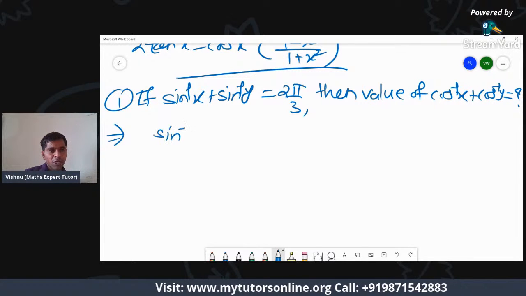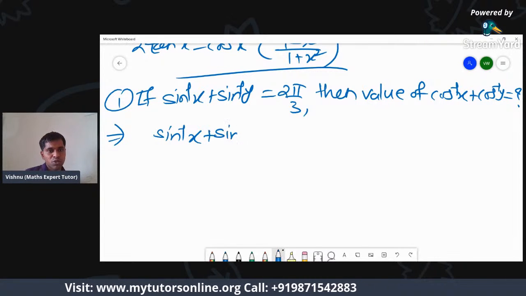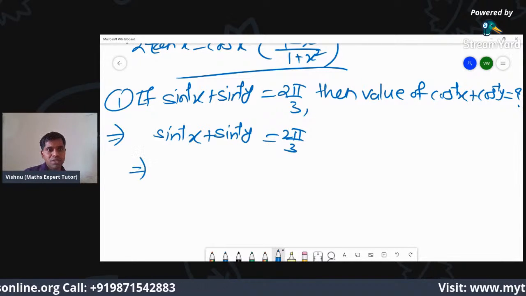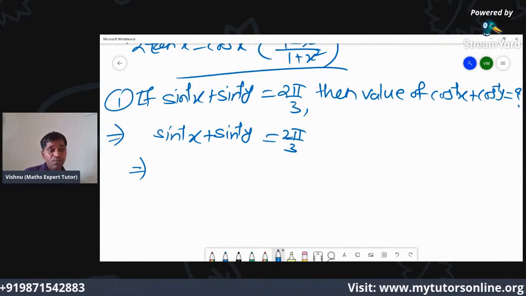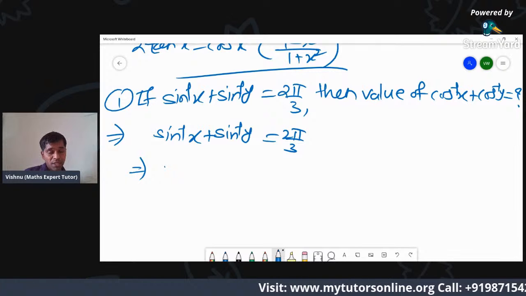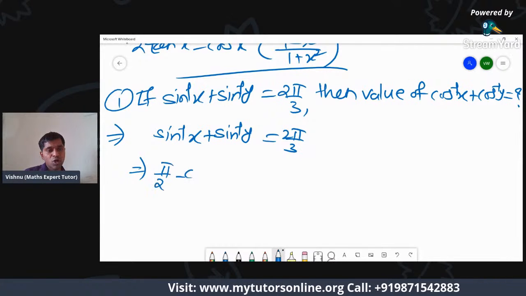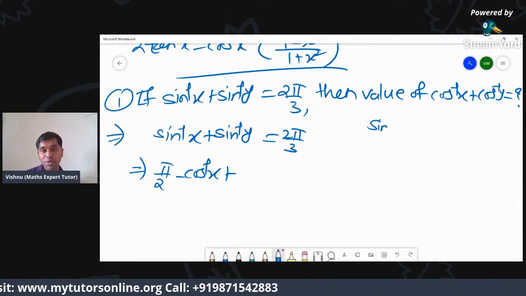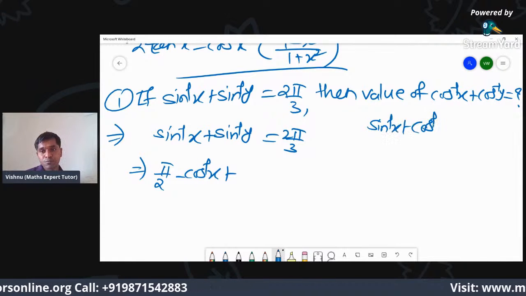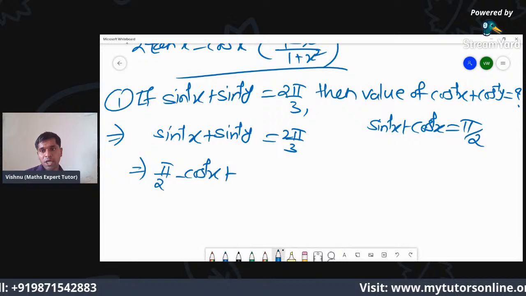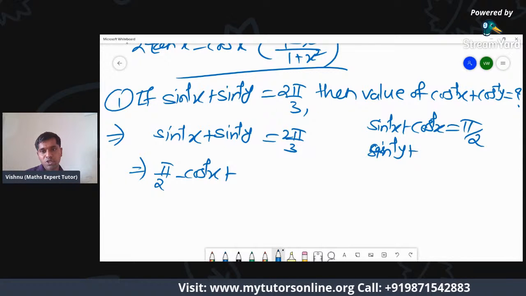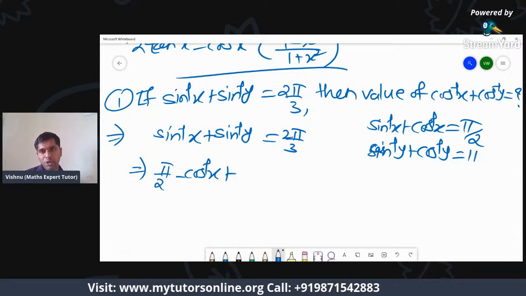Now you see sine inverse x plus sine inverse y is equal to 2 pi by 3. Now sine inverse x is nothing but pi by 2 minus cos inverse x, because sine inverse x plus cos inverse x is pi by 2. And again, sine inverse y plus cos inverse y will also be pi by 2.